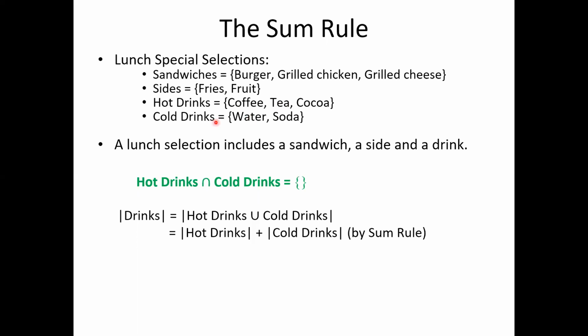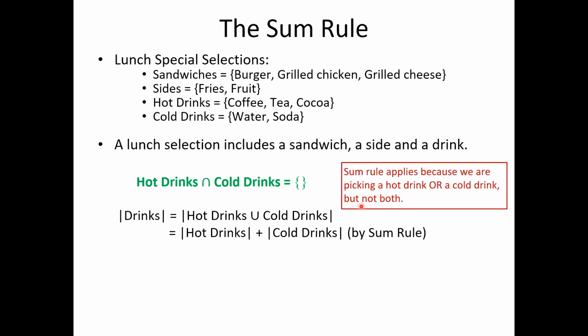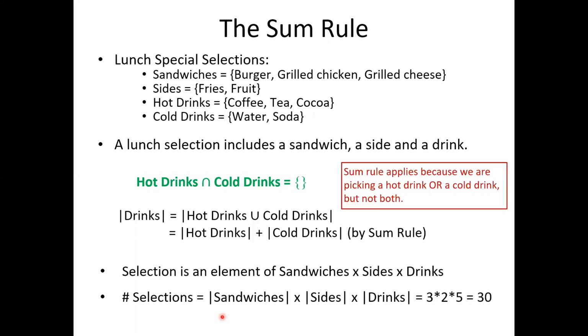The union cardinality is just 3 and 2, by the sum rule, right? So now the modified selection just makes the set of drinks larger. It used to be 3 on the previous slide because it was only hot drinks. You added 2 more, right? So simple enough.